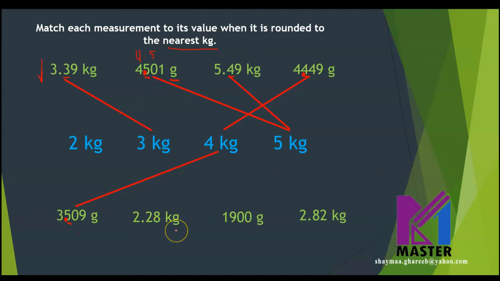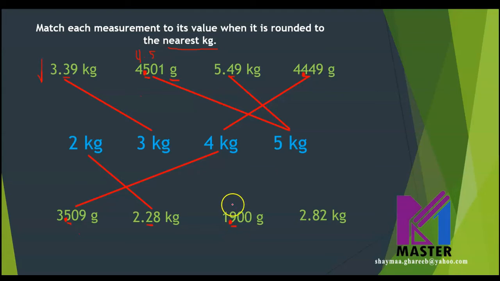2.28 kilograms. We look at the digit in the 10th place. It's 2, so I'm going to round down, so it will be 2 kilograms. 1,900 grams, I will change it into kilograms by dividing by 1,000. I will put a decimal point after 3 places. It means 1 kilogram and 900 grams, or 1.9, which means it will be rounded, what do you think?